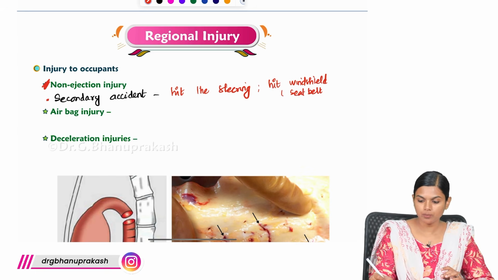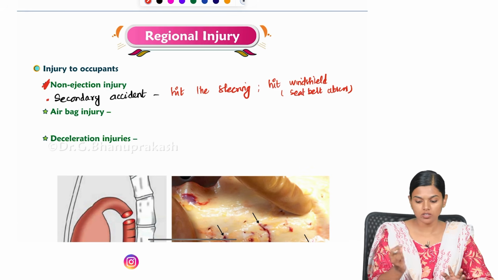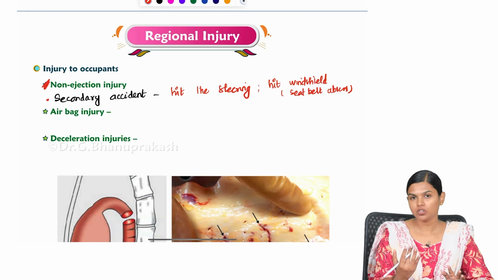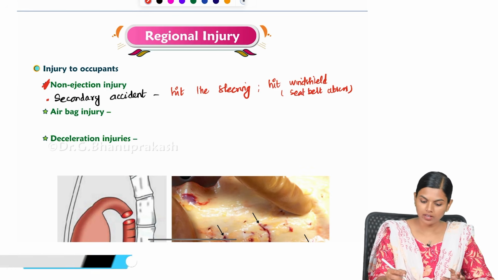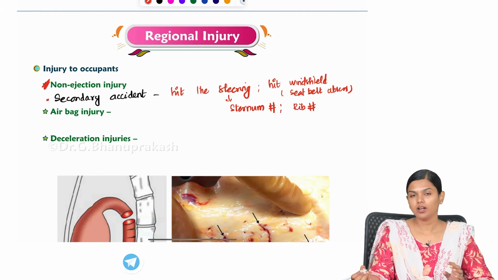With the seat belt absent, they can go and hit the windshield and may even be thrown over. These injuries can happen because of the hit on the steering: they can get sternum fracture and also rib fracture. So this is common in the driver.